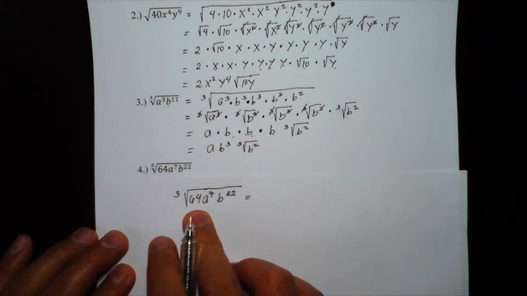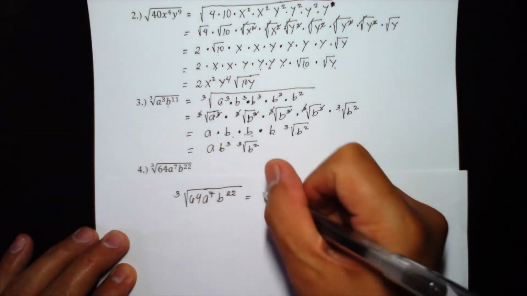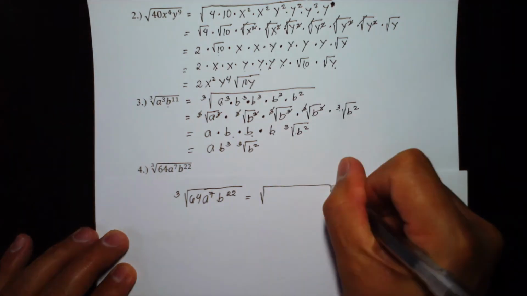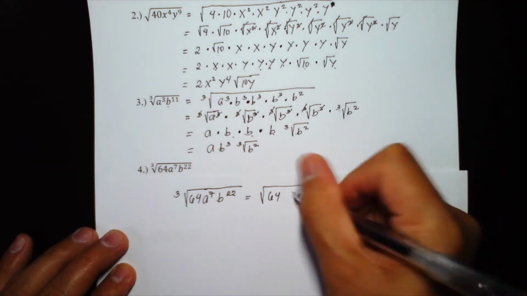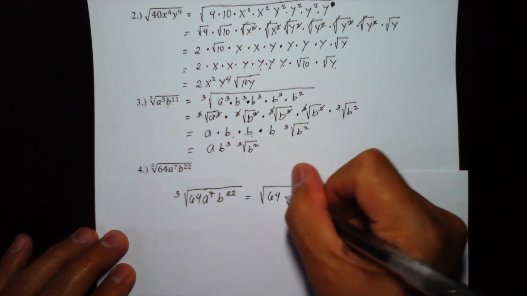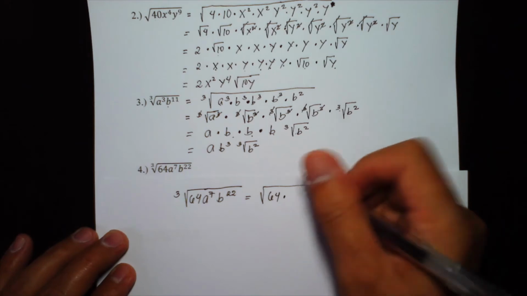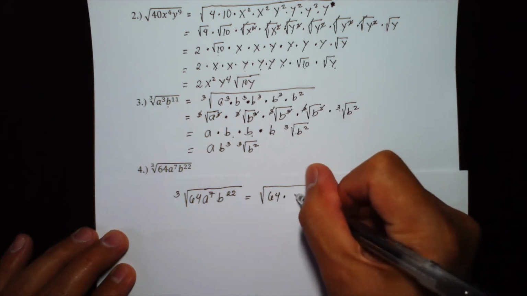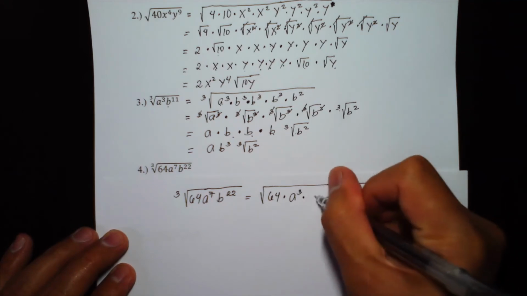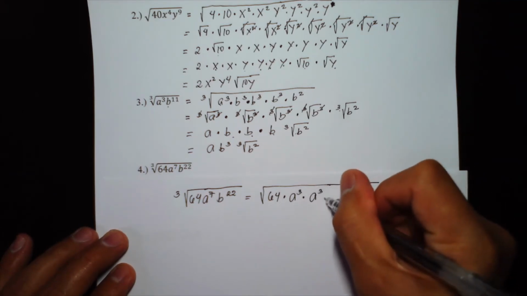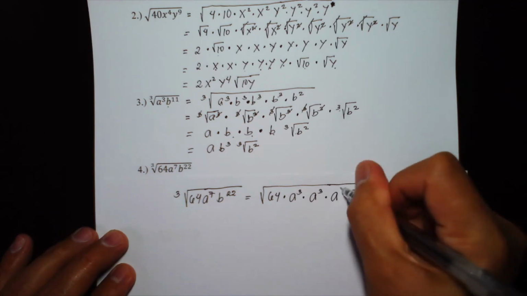So 64, okay, we have the cube root of 64 multiplied by a raised to 3 multiplied by a raised to 3 multiplied by a raised to 1.